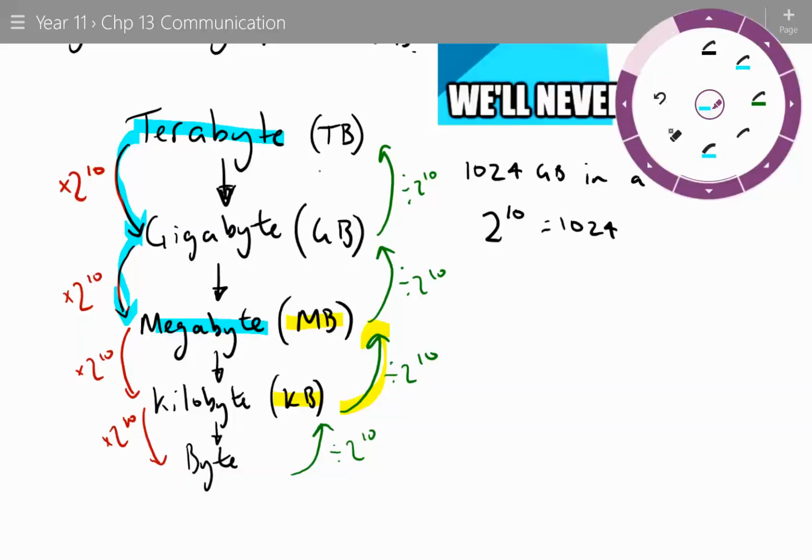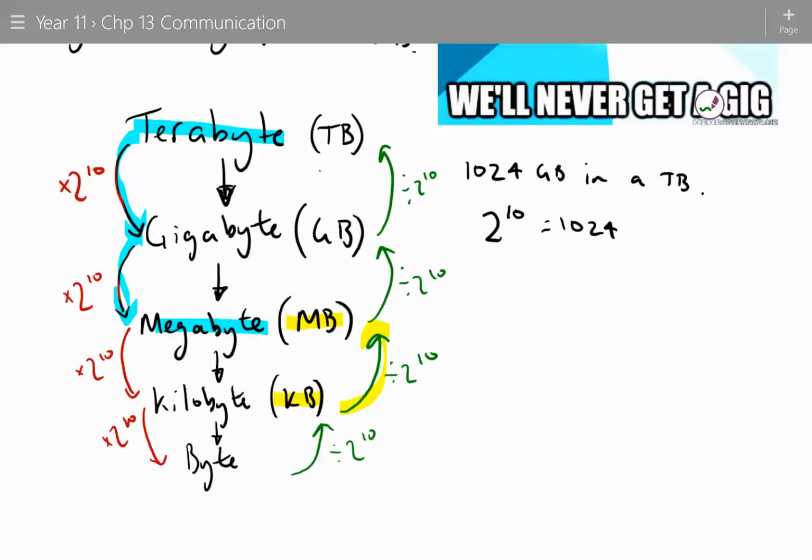Sometimes, and you can also think about it like this, 2 to the 10 times 2 to the 10 is also the same as times by 2 to the 20. Because using our index laws, this is a base of 2, the base stays the same. When it's a multiplication, we add our powers, 10 plus 10 is 20.